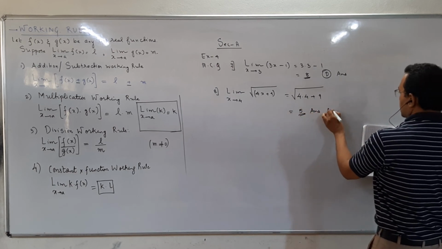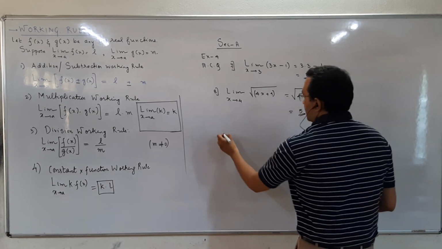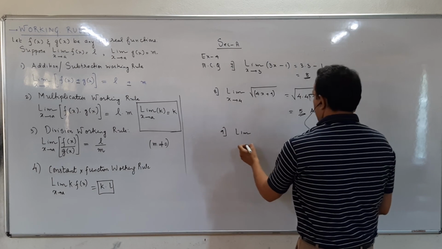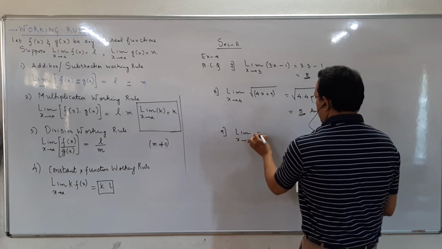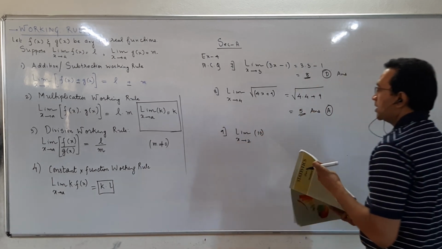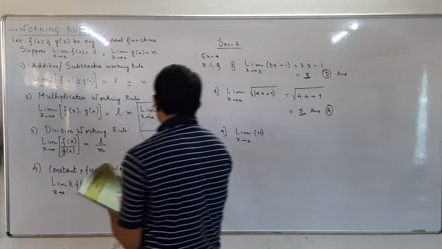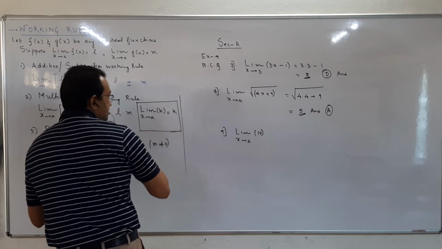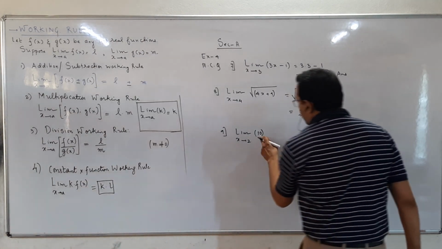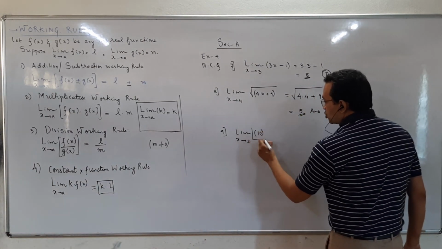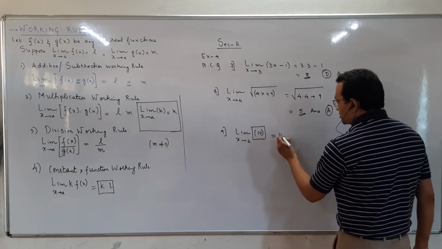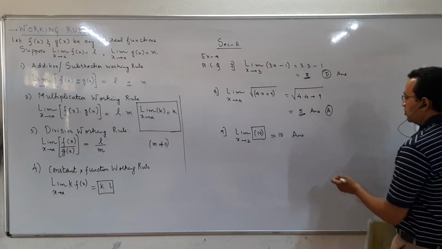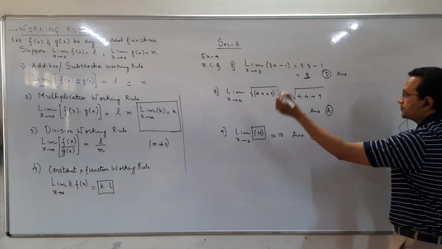So the correct option is A. Now, MCQ 9, limit x tends to 10. Just now I told, limit x tends to a of a constant is constant because there is no x to be replaced by a. So the limit of a constant is constant. So your answer is 10. So the correct option is also A.